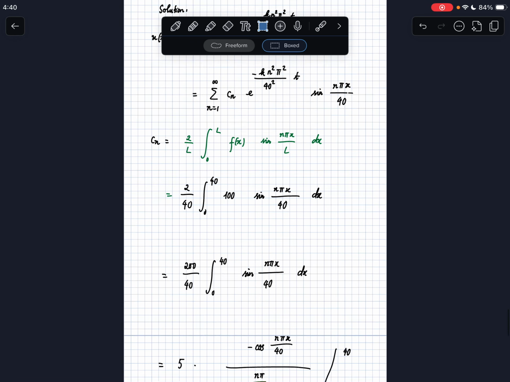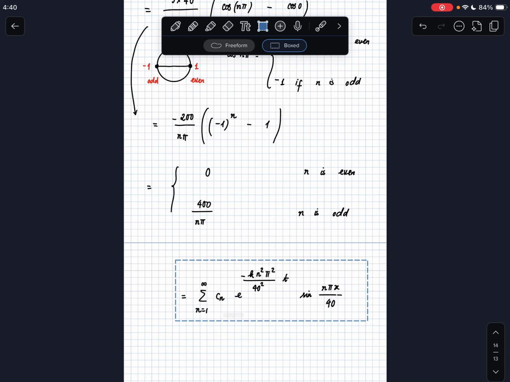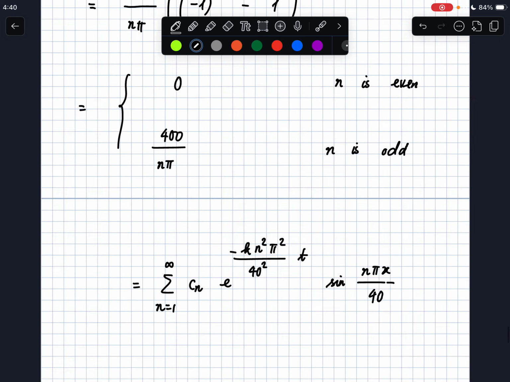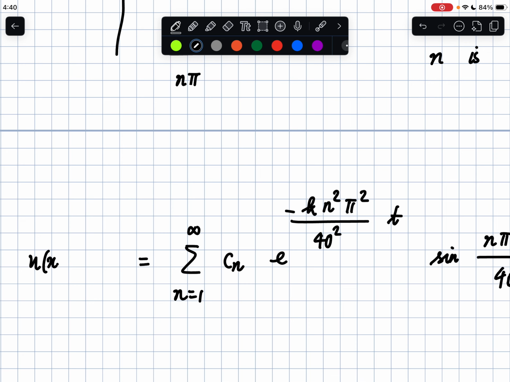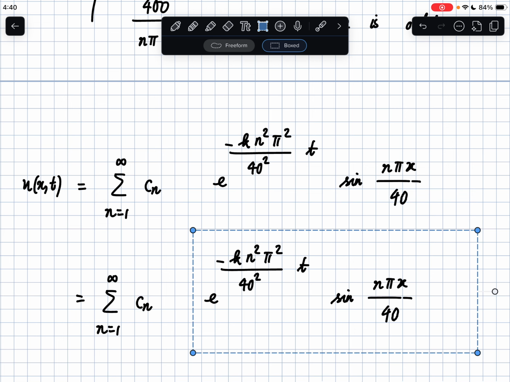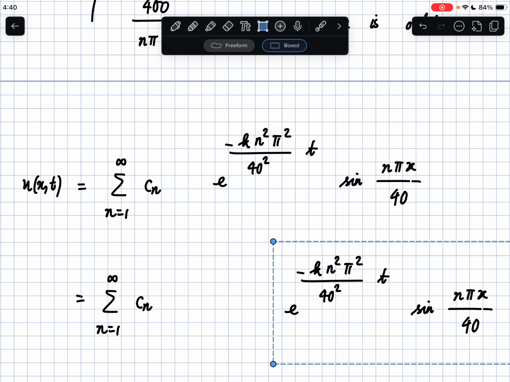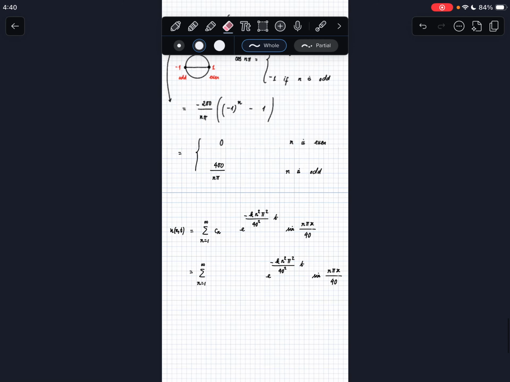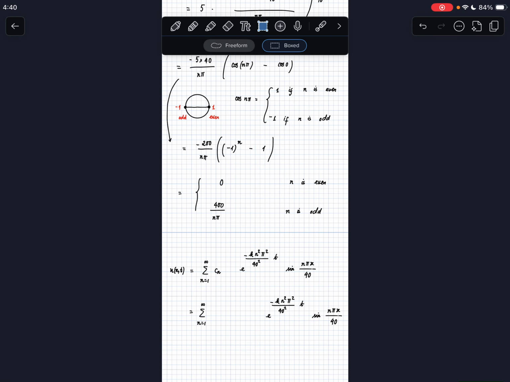We have the solution u(x,t). u(x,t) equal to the summation of Cn, just plugging in Cn there. For Cn, I use, for example, this formula. Then just put it there.